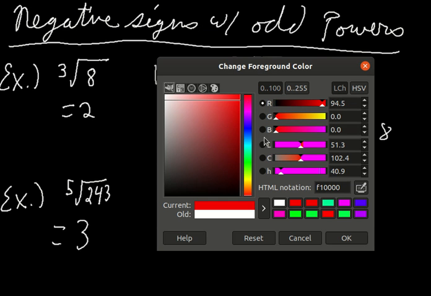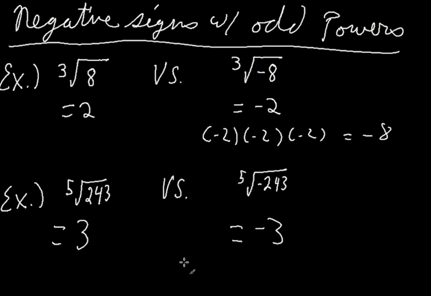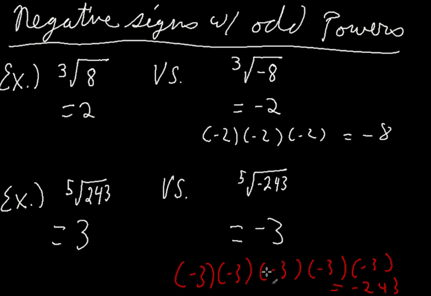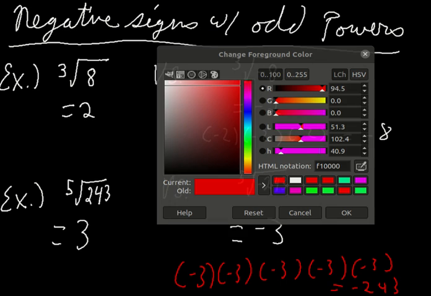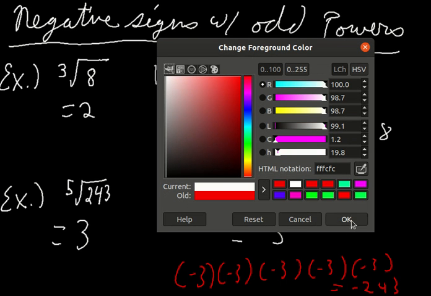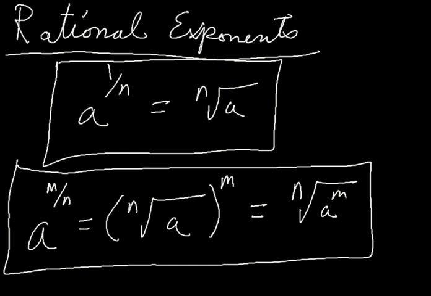I hope that helps. Here, negative 3 five times is negative 243. Again, we have an odd amount of negative signs, so the answer is negative, and that can happen with an odd amount. With an even amount, you're always going to get a positive number.